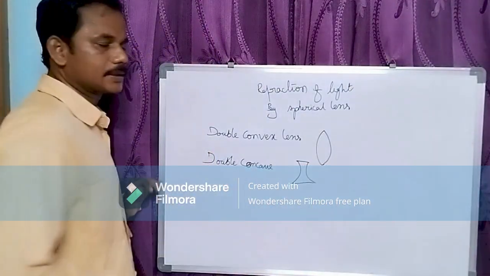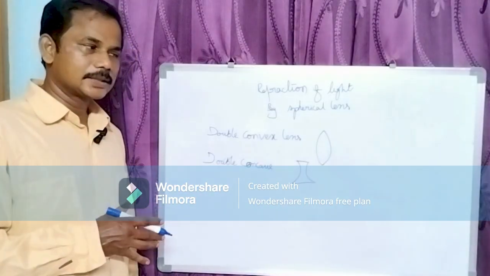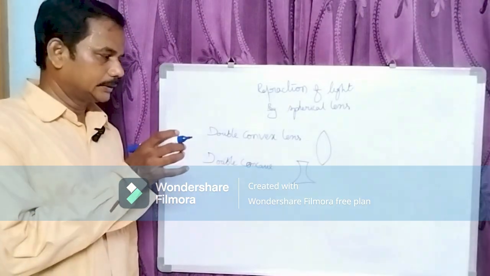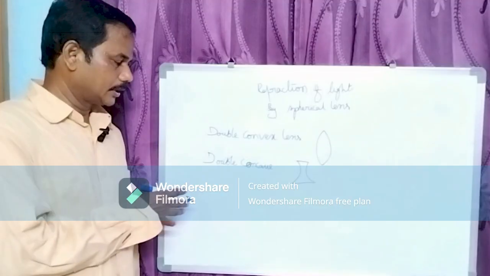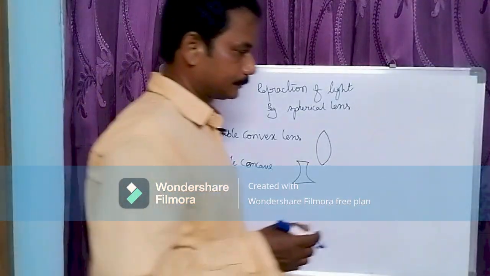So what is the difference? The main difference is, for convex lens the center is thick, and for the concave lens the center is thin.